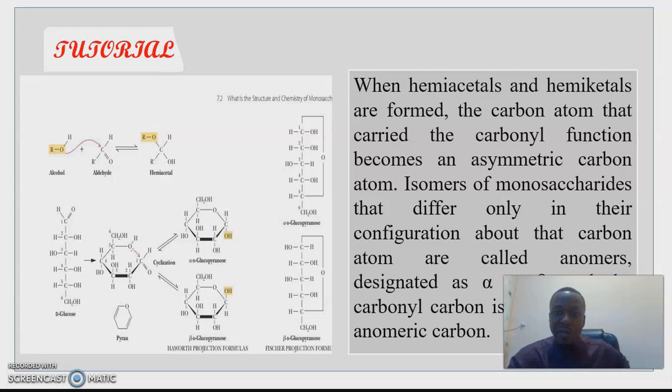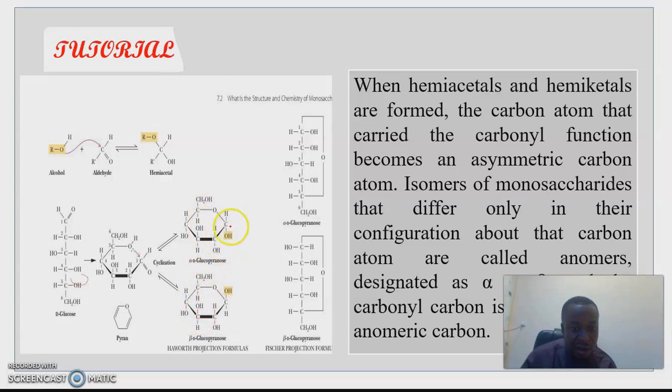When hemiketals are formed, the carbon atom carrying the carbonyl function becomes an asymmetric carbon, like what you're seeing here. Here we have glucose. When the carbonyl carbon reacts with this carbon, it forms a cyclization, which can result in 2 forms, the beta glucose or the alpha glucose.